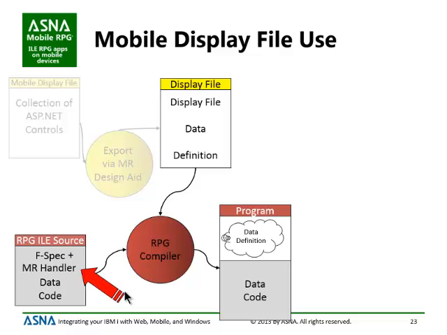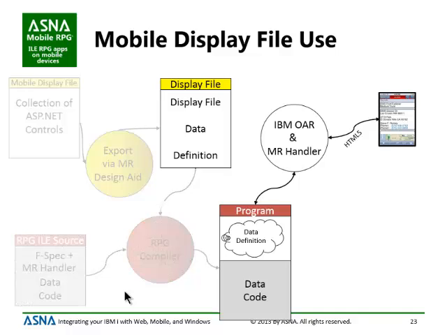We compile that, and then at runtime, when that RPG program runs, it thinks that that display file data stream is going to be sent out to the traditional display file, but it's not. It's sent out through the Open Access API and onto the ASNA Mobile RPG Open Access Handler, and then rendered on out to the modern Mobile RPG mobile UI.